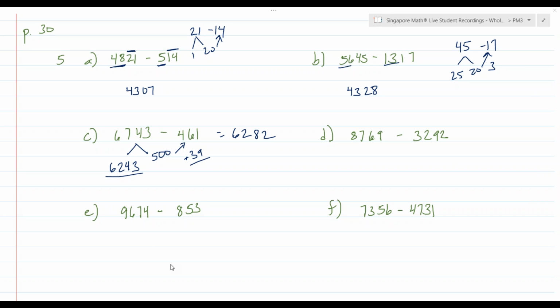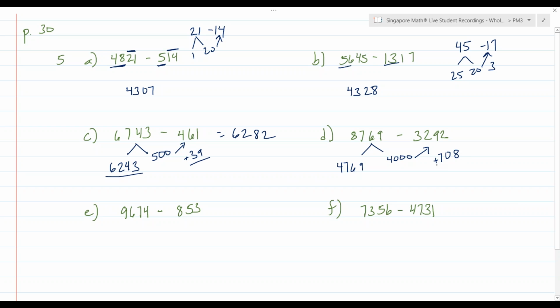I can use the same idea with this problem, only go to 4,000, which means that this one is 4,769 because those come together to give you 8,769. With the 1,000, I know how to go 4,000 minus 3,292 because I know that I need 9 hundreds, 9 tens, and 10 ones.